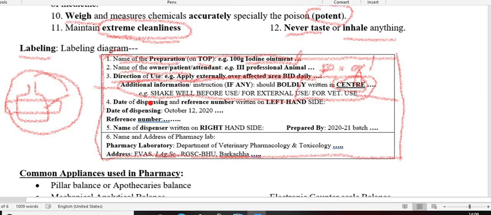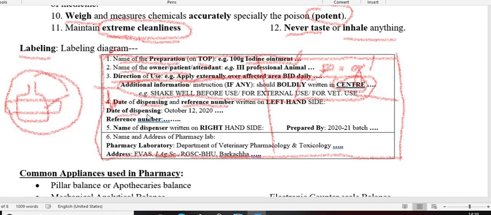Thereafter we proceed to number 4. On the left hand side, if the label is divided into two parts, you write the date on which the pharmacy preparation was prepared, and if there is any reference number, you write the reference number.